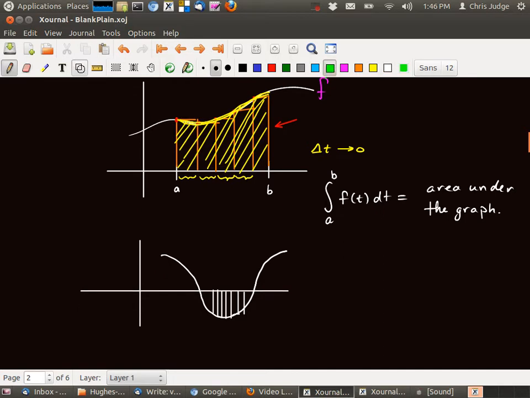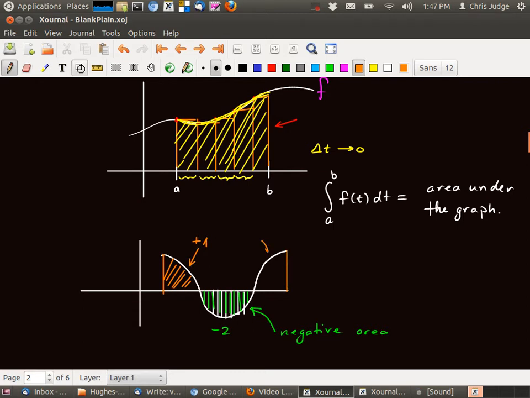So the contribution below the axis is negative. So you can compute the area under the axis. That always counts negatively. So if this area is, say, 2, then this is minus 2. Whereas if we're above the axis, and say this area is 1, then it's a plus 1.